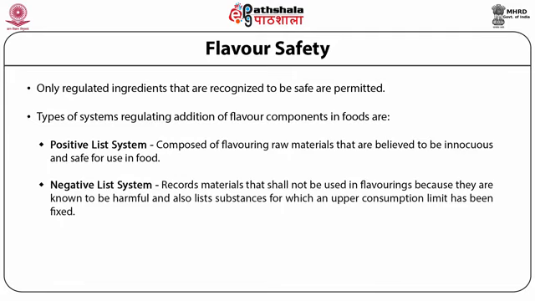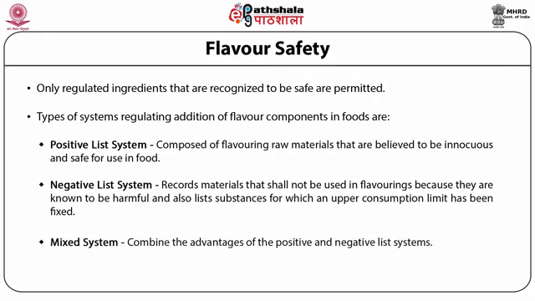Next is the negative list system, wherein materials that shall not be used in flavorings because they are known to be harmful are recorded, and it also lists materials for which an upper consumption limit has been fixed. And there is a mixed system, which combines the advantages of both the positive and negative list systems. So accordingly, the flavor addition has to be regulated in any food product.